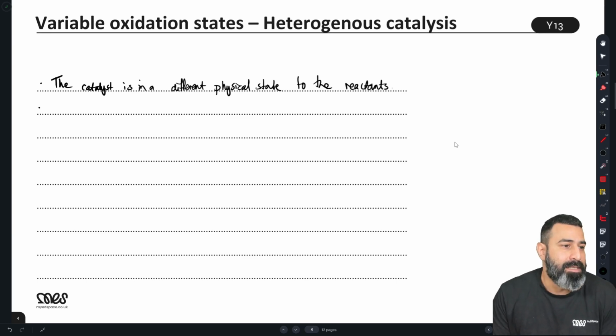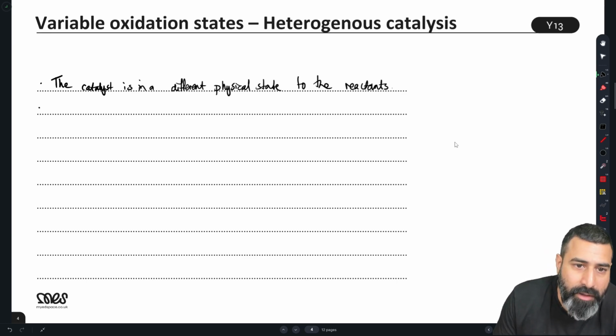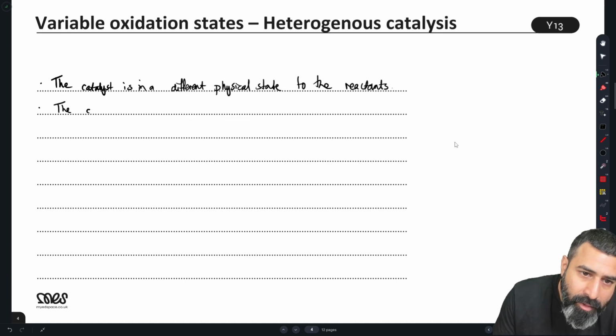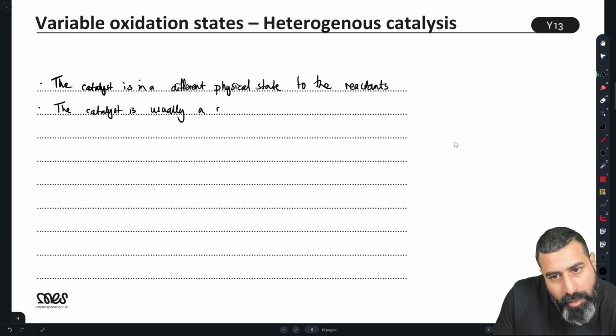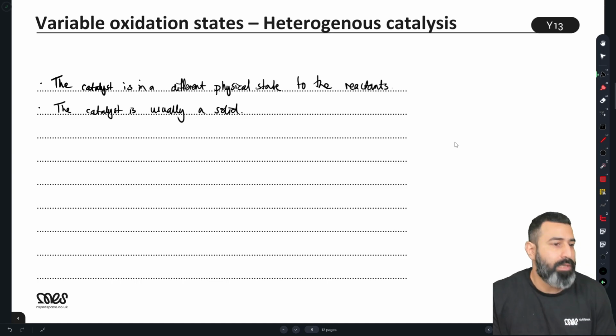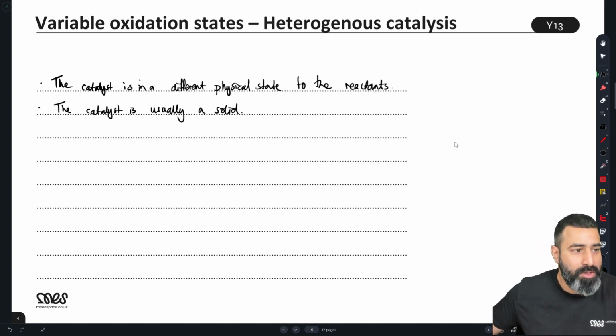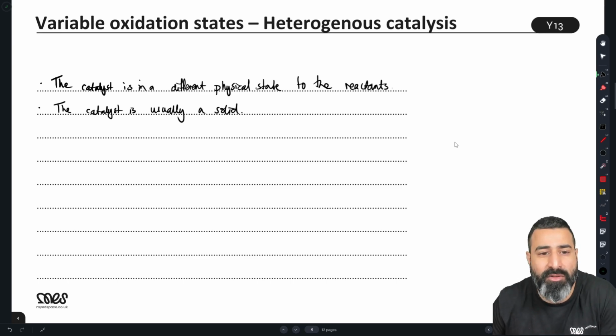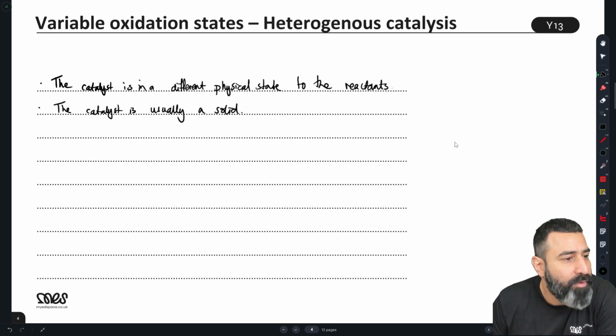In heterogeneous catalysis, the catalyst is usually a solid. So normally a metal or a metal oxide, usually on some sort of high surface area support.